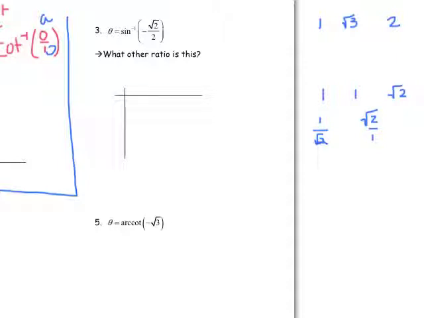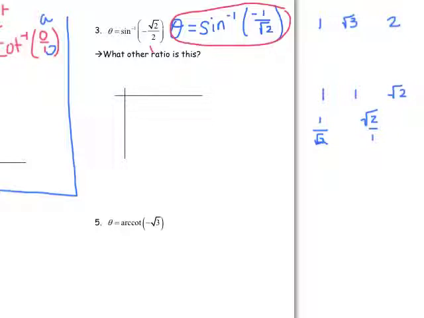But this is why at the beginning of the year we talked about rationalizing, because this is actually this guy rationalized. So let's take the first step and say, well, let's rewrite this as theta equals sine inverse of negative 1 over root 2. I guess I really shouldn't cross this off because it's not that this is wrong. It's just that these guys are equivalent to each other.